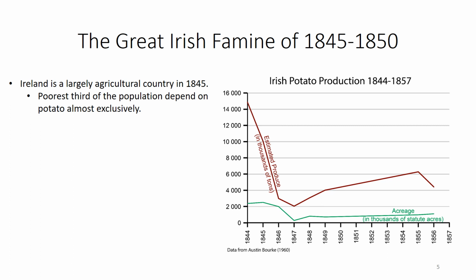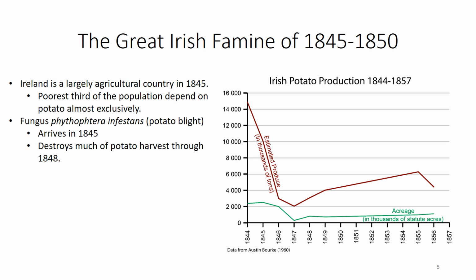And so Ireland was a largely agricultural country in 1845, which means that our Malthusian model is perhaps a good fit. And the poorest third of the population depended on eating potatoes almost exclusively. So potatoes are very important.